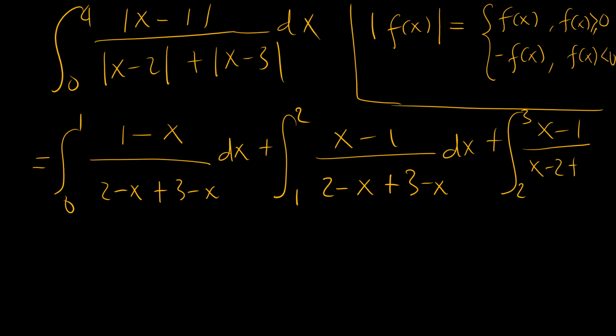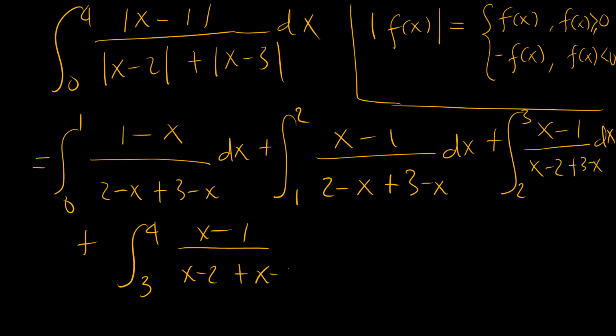But x minus 3 is negative, so we still have 3 minus x. Plus, from 3 to 4, everything is positive, so we have x minus 1, x minus 2, plus x minus 3.